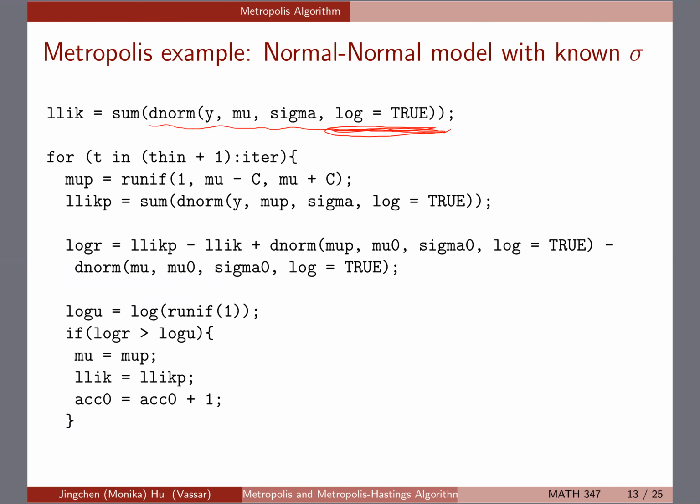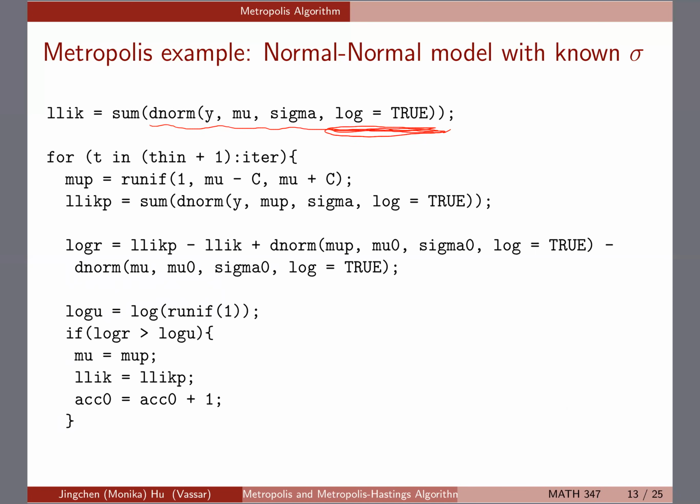And then here in the loop, that's what happens in each step of your MCMC for the Metropolis. First of all, I generate a new value of mu. I call it mup, where p stands for proposal. It's from a uniform, so it's runif, one draw from mu minus c to mu plus c. That's exactly the uniform density that I mentioned earlier.